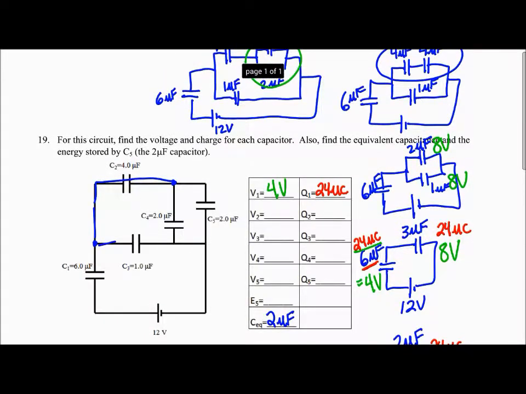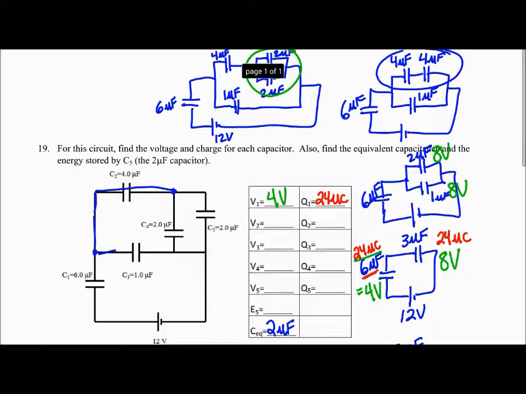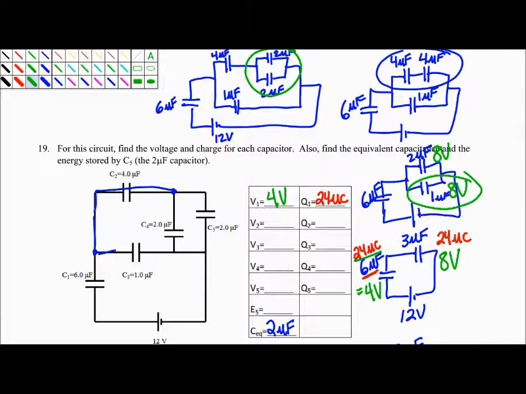So this capacitor is C3, so V3 is 8 volts. And then the charge here is going to be C times V. That's 1 times 8, or 8 microcoulombs.